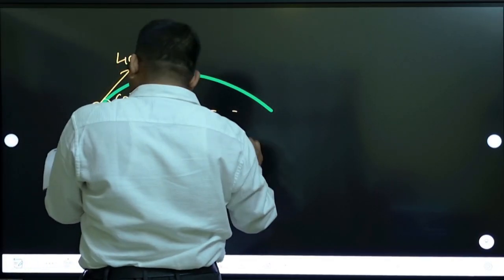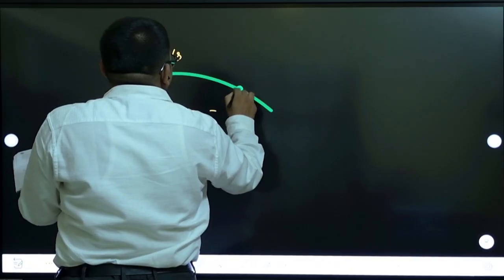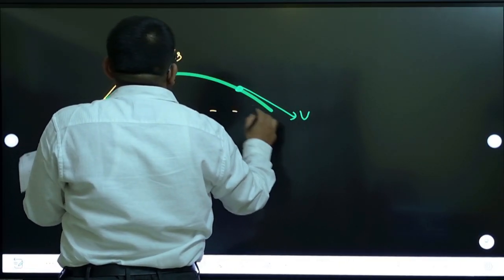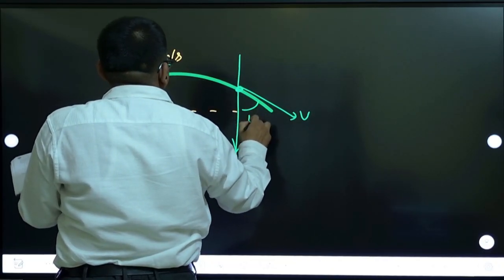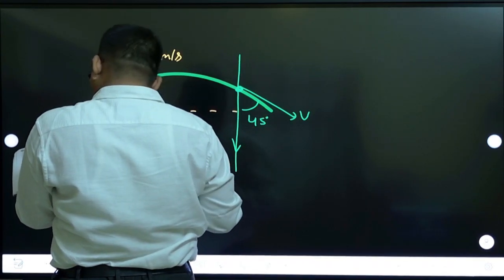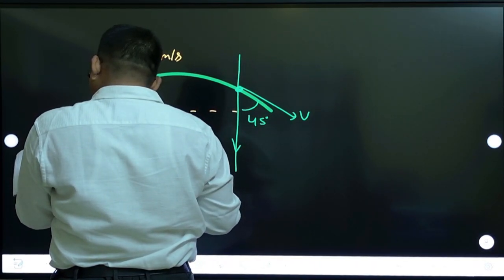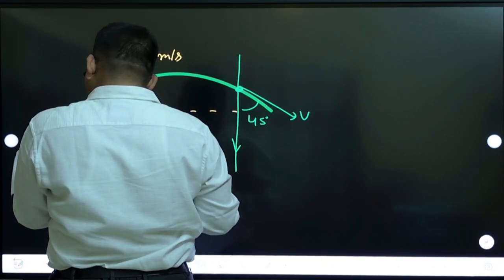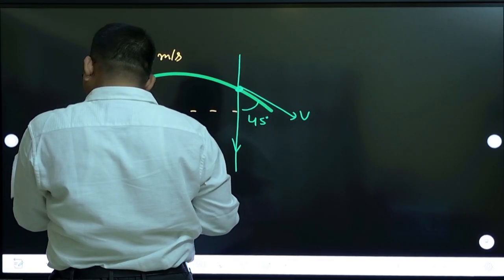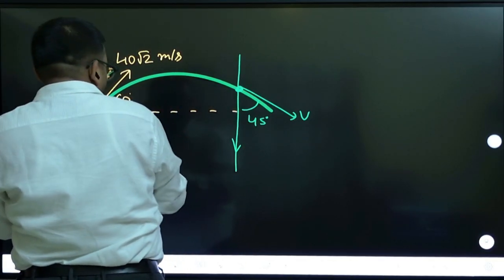When its velocity makes 45 degree with the downward vertical, it collides with a vertically hanging ball of the same mass. Find the action here, so that the hanging mass completes the vertical circle.